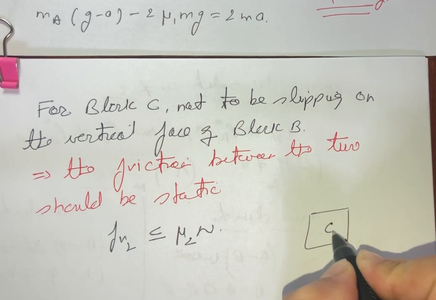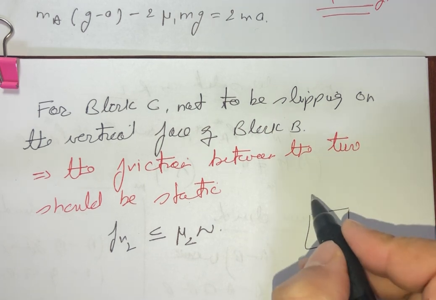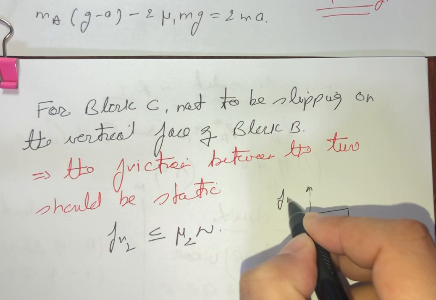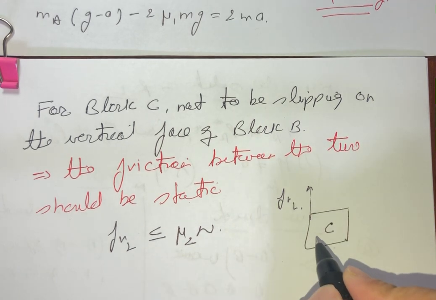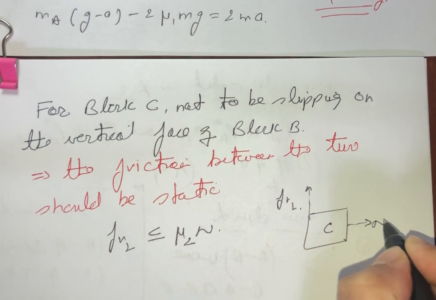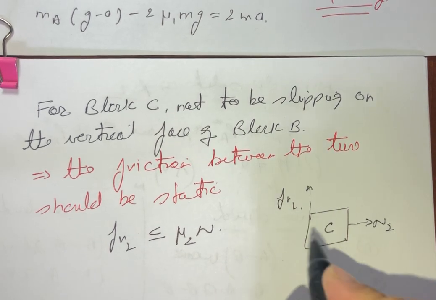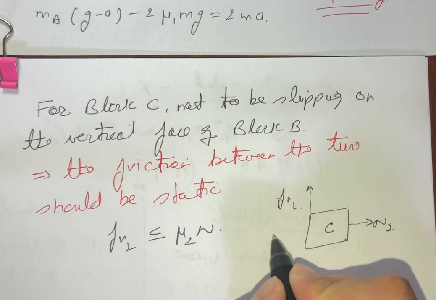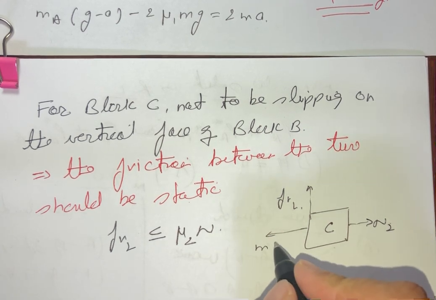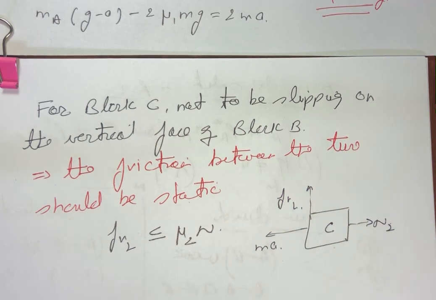So this is our block C, and we have a friction force FR2. Okay, and there will be a normal acting in this direction, that is N, let us call that N2, and there will be a pseudo force in this direction, that will be MA, and in the downward direction we are going to have MCG.